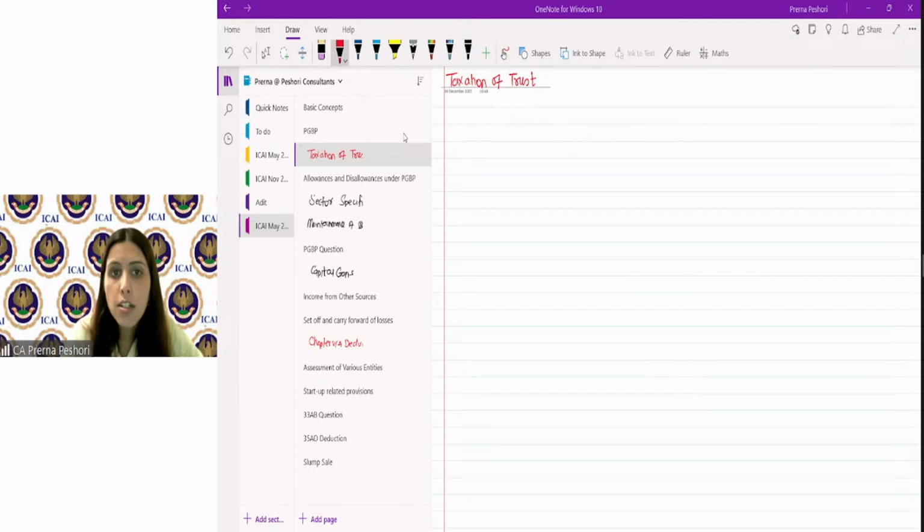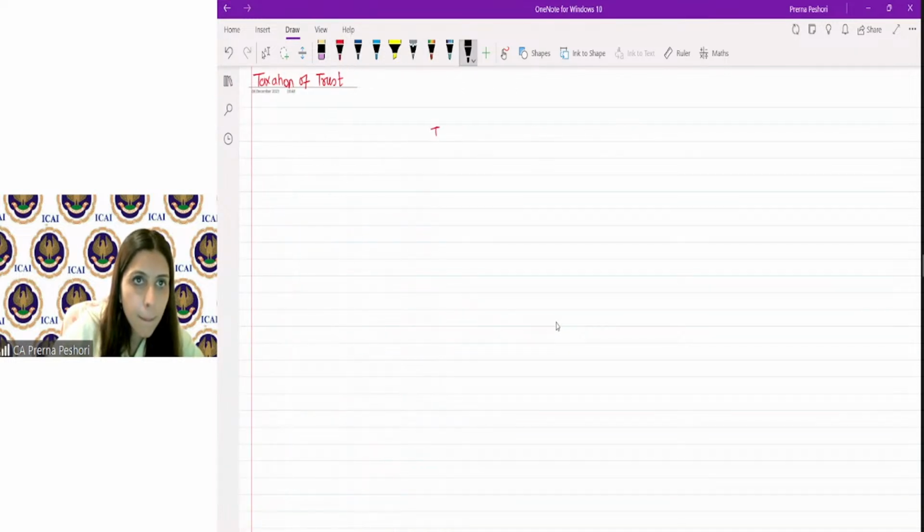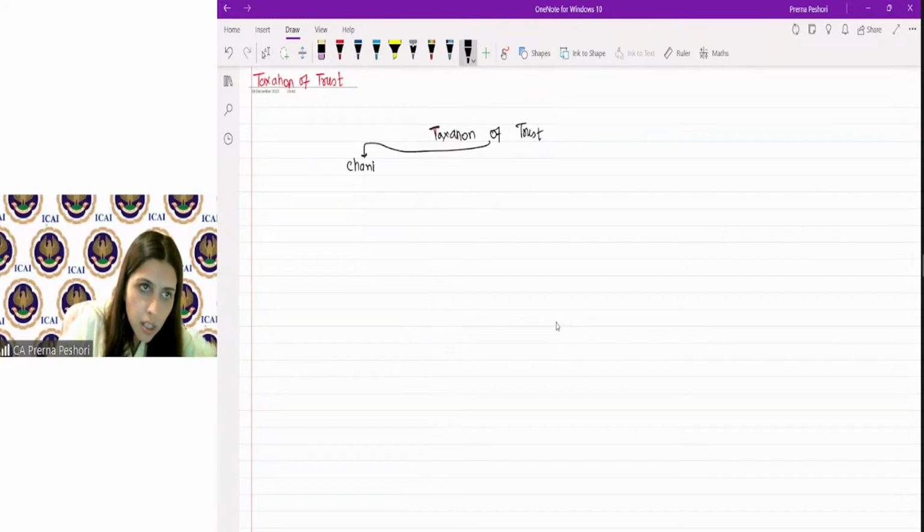Okay, so what are the trusts that we are going to cover? Just write down. First is the charitable or the religious trust.